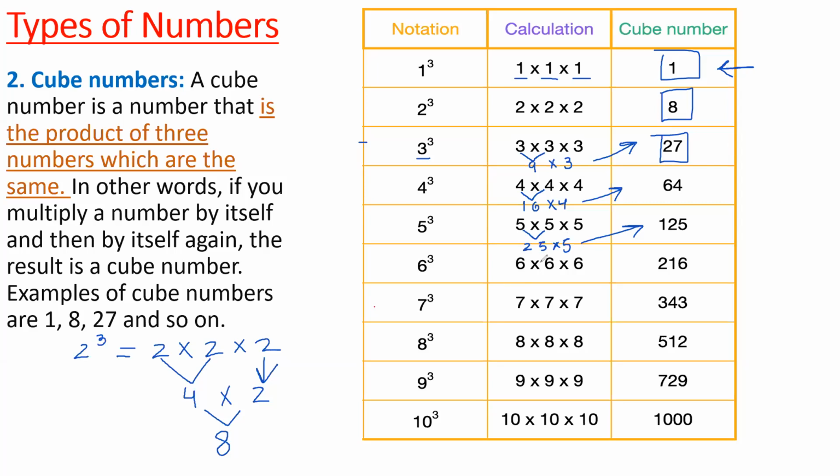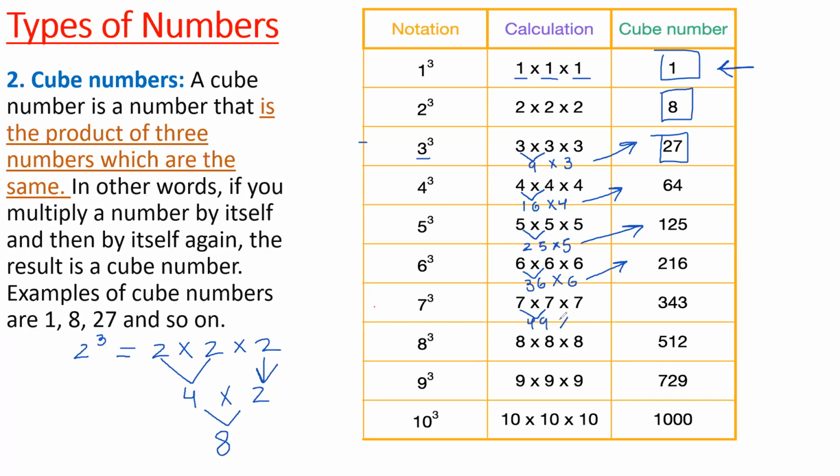And then we have 6 cubed, which is 6 times 6 times 6. So 6 times 6 is 36. Multiplied by 6, which gives us 216. Very good. And then we have 7 times 7, which is 49.